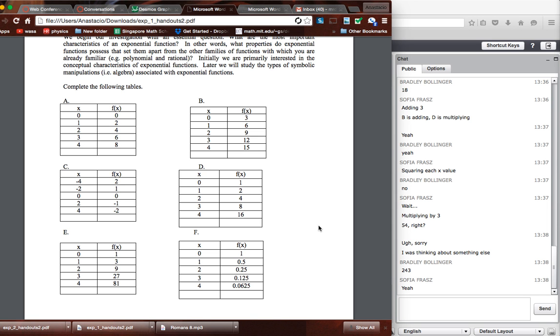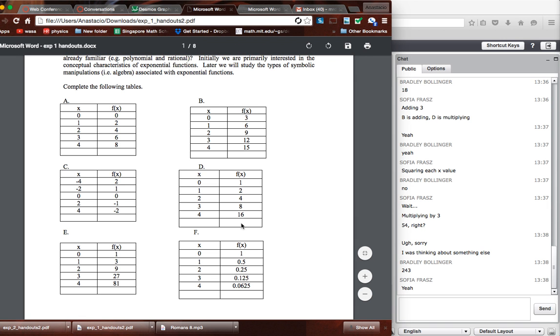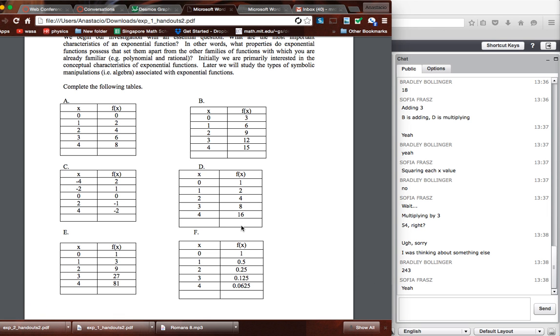But this time, we're going to switch those roles. See this graph right here? This table is actually the table for 2 to the x power. This time we're taking the variable and putting it in the exponent's place. Does that make sense to you?